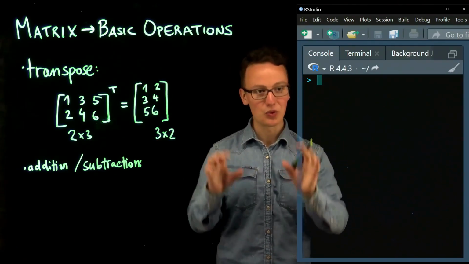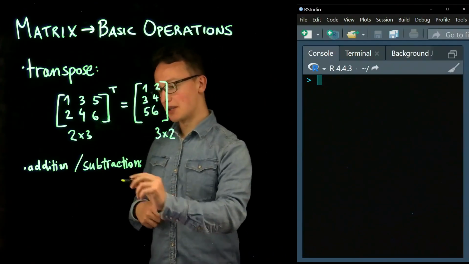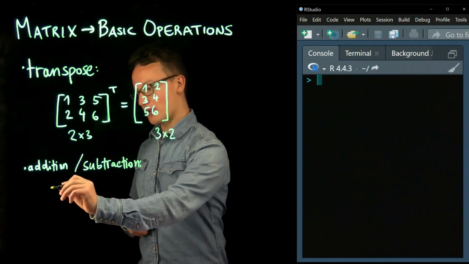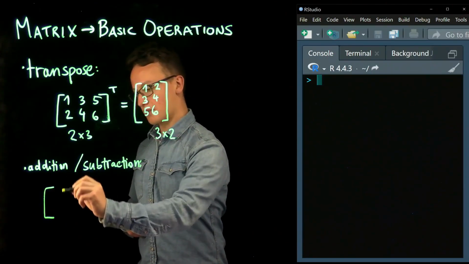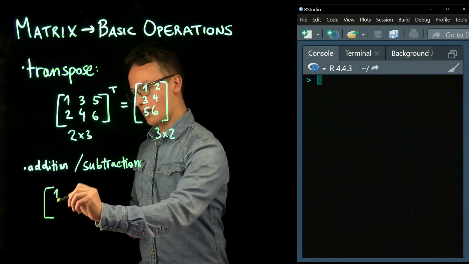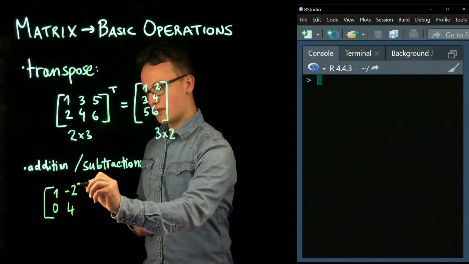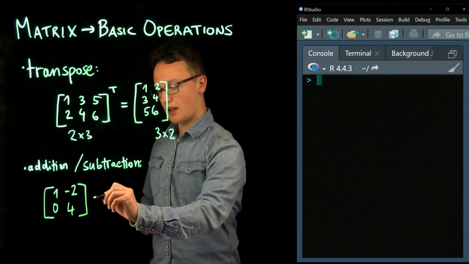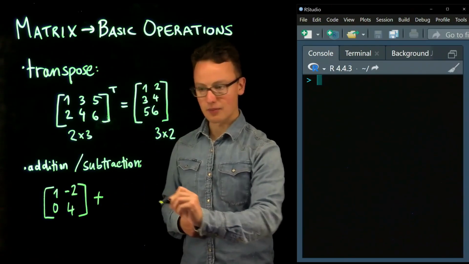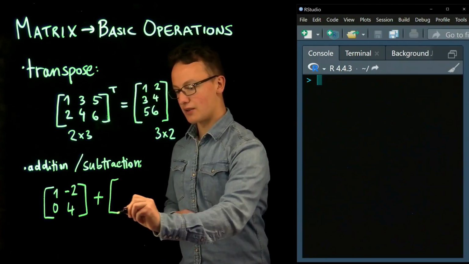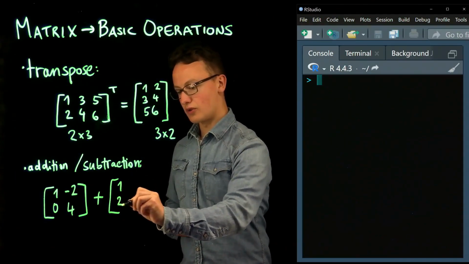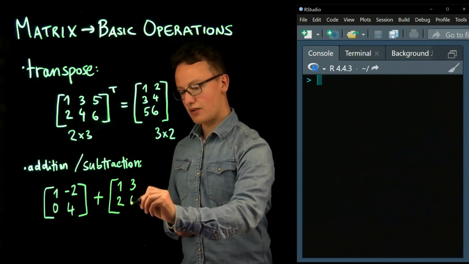So in this case, 2 matrices. Let's say we have a matrix which has the values 1, 0, -2, and 4. That's a 2 by 2 matrix, of course. And I can add to that matrix another matrix which has the values 1, 2, 3, and 0, maybe.